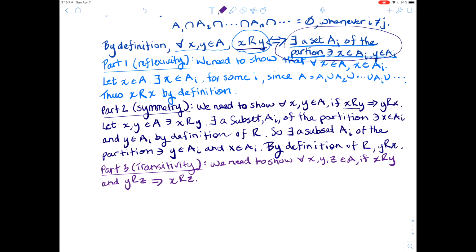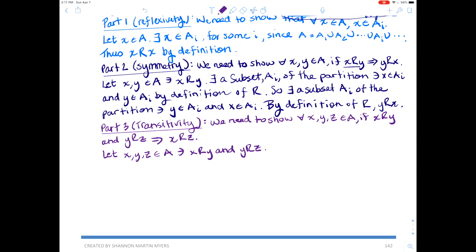All right? We can't assume that because that's what we're trying to prove. So here, let X, Y, and Z belong to A such that X R Y and Y R Z. So now this one, what we're going to do is a proof by contradiction.